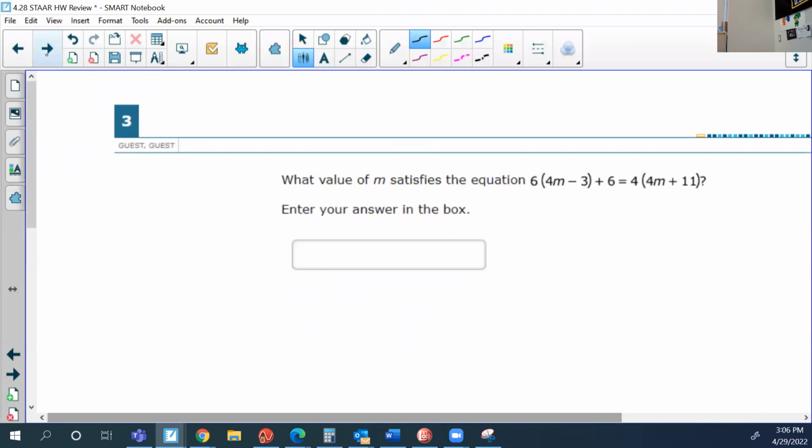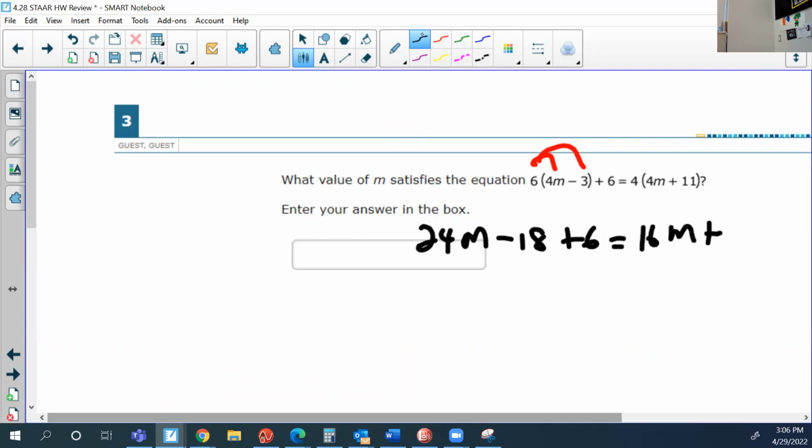Now, how do you solve this algebraically? You distribute, right? 6 times 4, 6 times negative 3. That's going to give me 24m minus 18, plus 6 is equal to 4 times 4 is 16m plus 44.